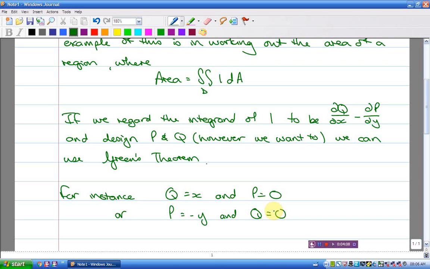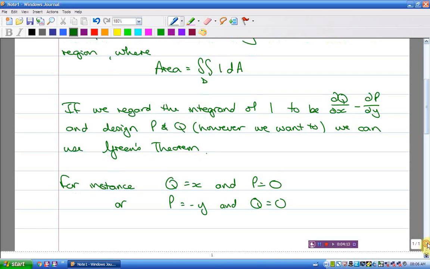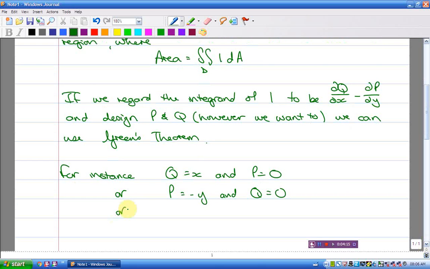Then once again, dQ/dx minus dP/dy will be 1. Or, and this one's the most popular, I think because it spreads the burden equally across P and Q, P equals minus a half y and Q equals a half x. Because then you'll end up with a half plus a half. So you'll get 1.